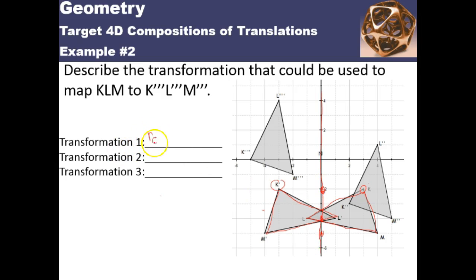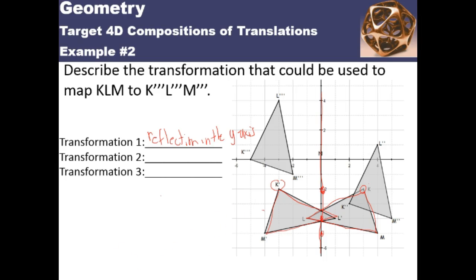So we did a reflection in the y-axis. The book uses the words in the y-axis, and I often use the words over the y-axis. They mean the same thing, but our book actually uses the words in the y-axis. Okay, so we got that.